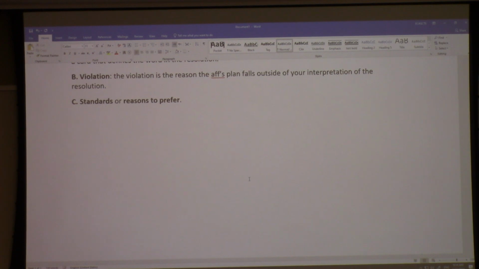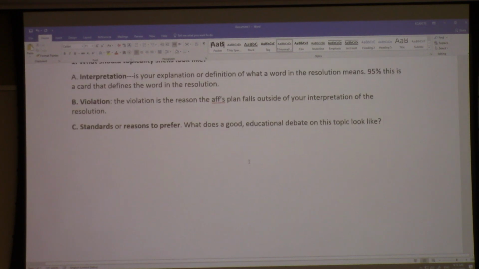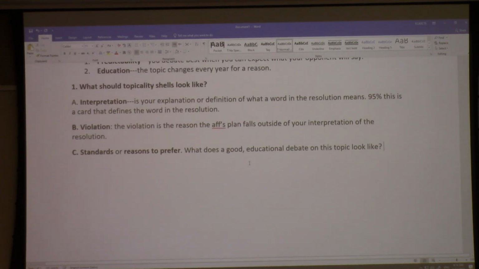And this is where you'll answer the question: what does a good educational debate on this topic look like? Why is this a useful way of thinking about the resolution and of dividing ground in this debate? And why does this interpretation of the resolution provide a fair chance for both teams to be able to win the debate?